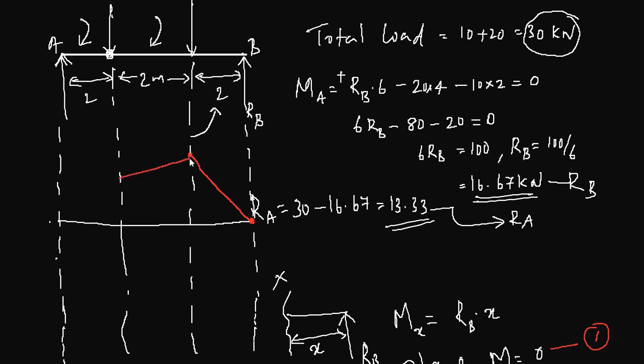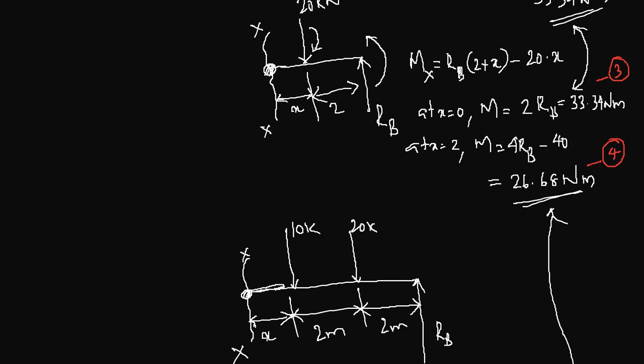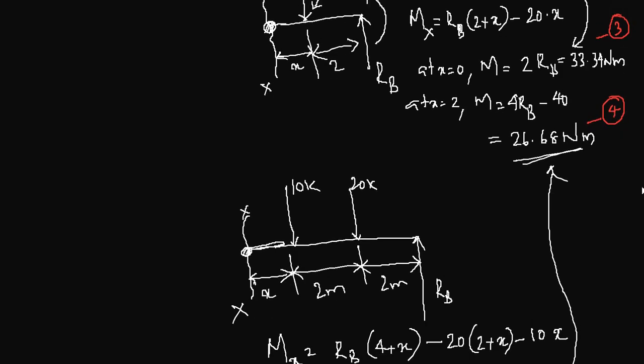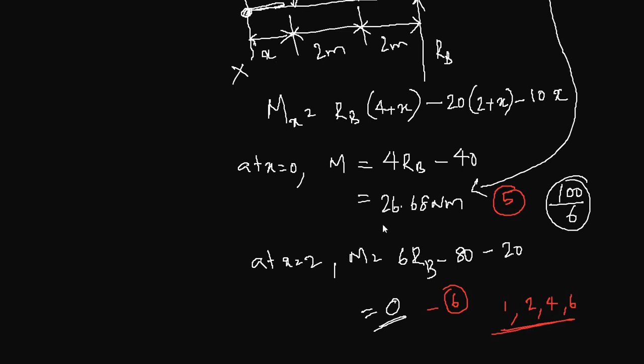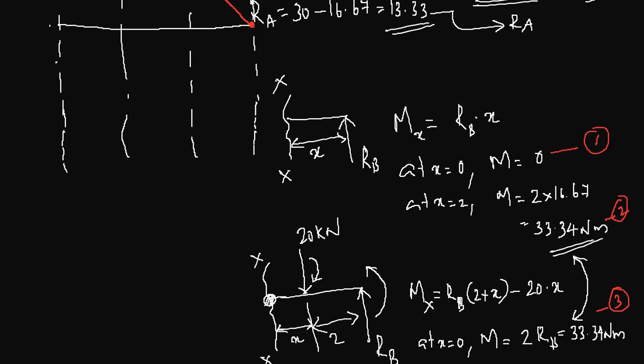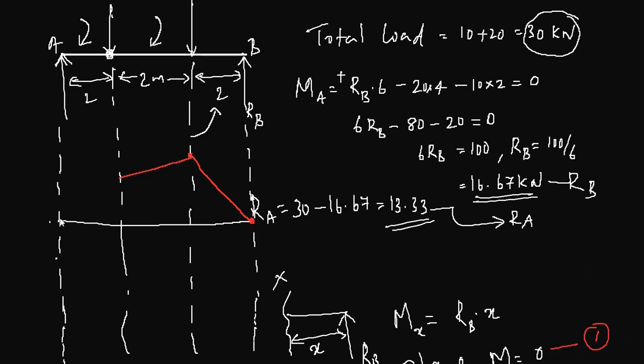These are all straight lines. If I'm not making straight lines, apologies, these are all straight lines. So that's 26.68. So 4 and 5 are the same, so again 26.68, and the last point is 0 at point A, so you get 0 here. Again, this is a straight line.